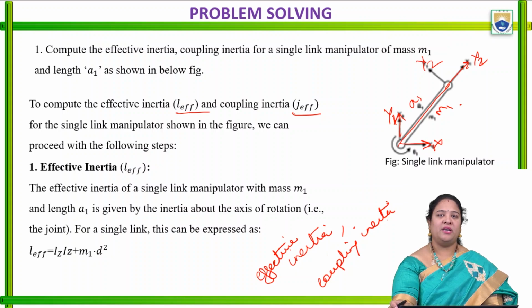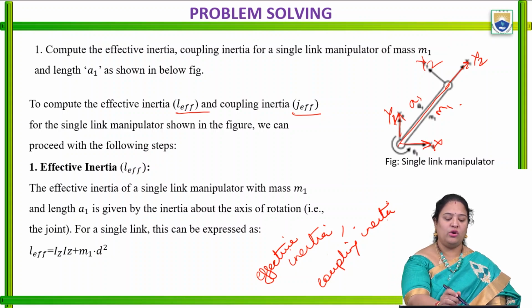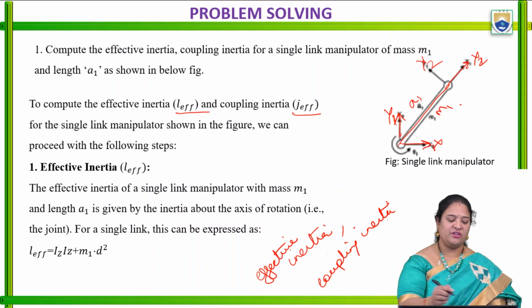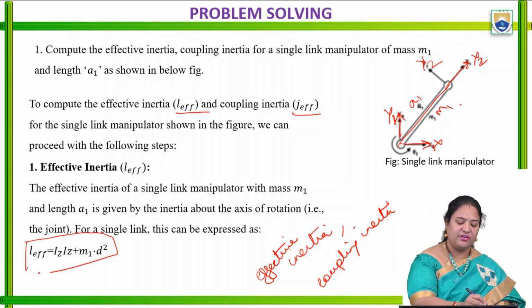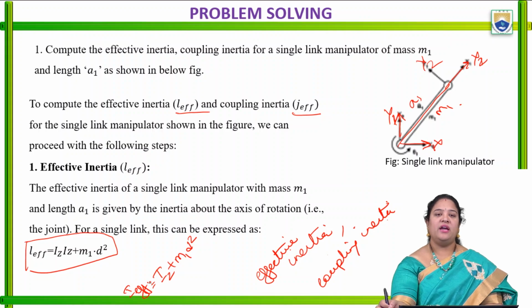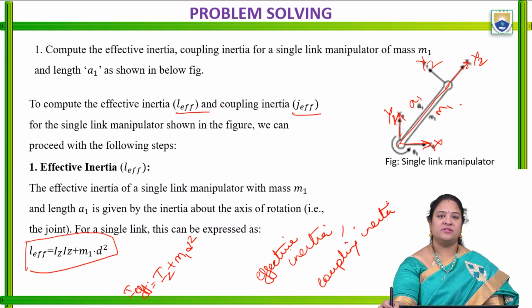So for a single link manipulator which is shown in the figure, we need to follow these particular steps. In order to find the effective inertia with respect to the mass and the length, the effective inertia formula is I effective is equal to Iz, the inertia at z, plus m1 d square.